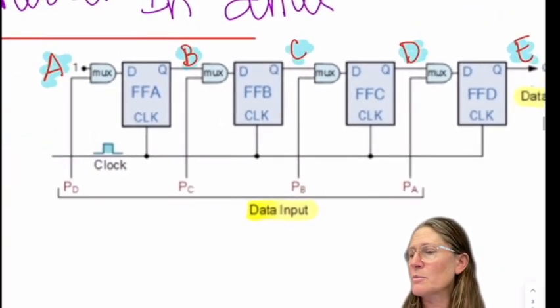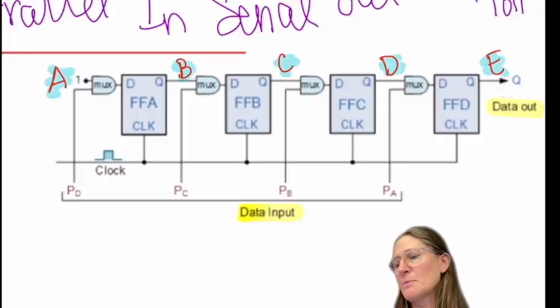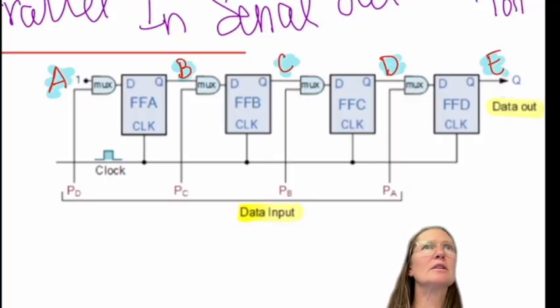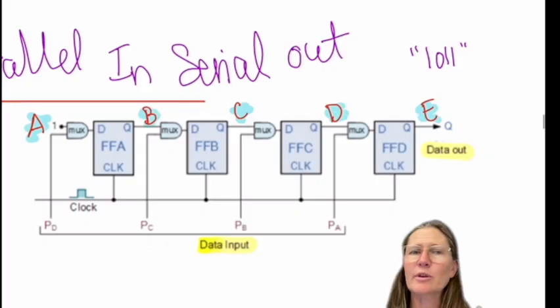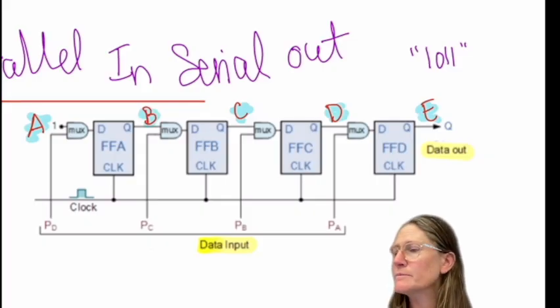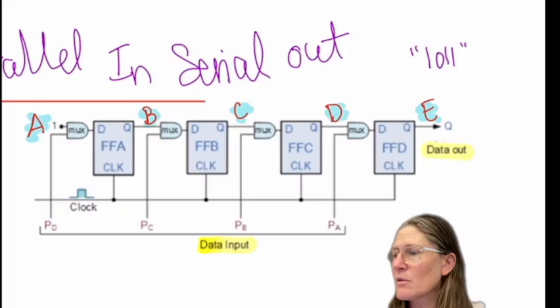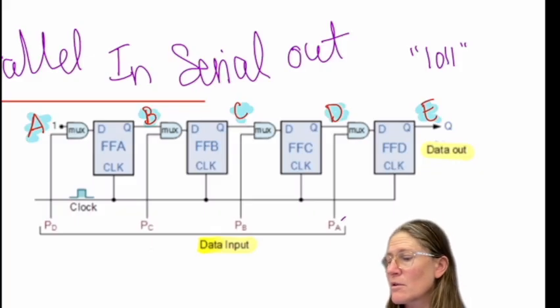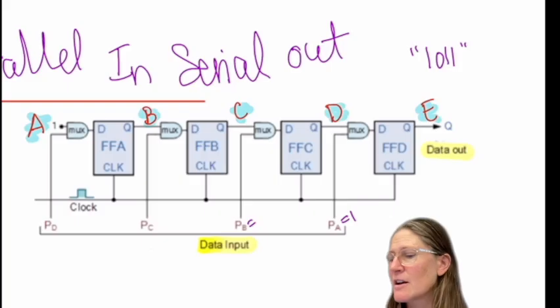How would you want to store the data here? What value would be PA, PB, PC, and PD? For that, 1011 is what you want to store. So PA is going to be either one, that's going to be 1. But what is PB going to be? 0, correct.